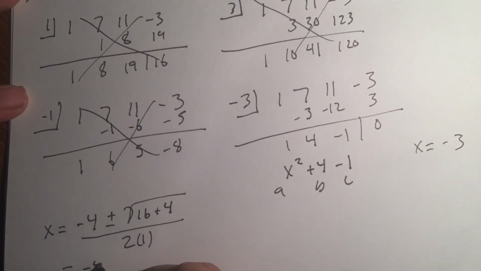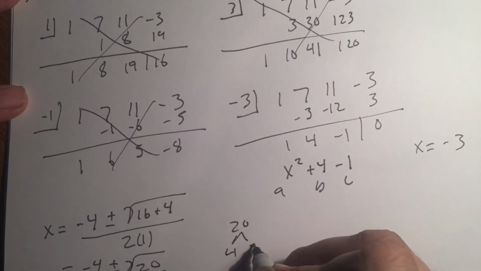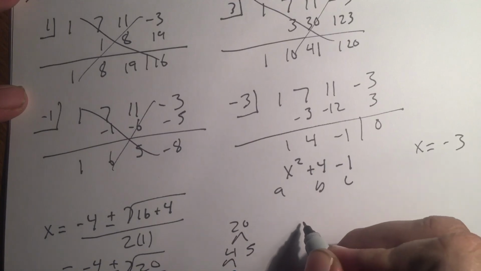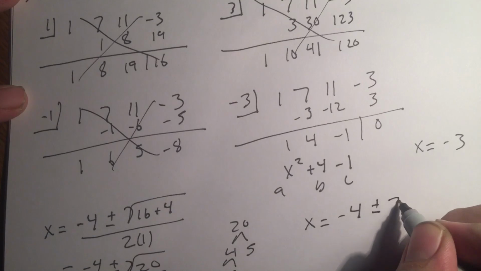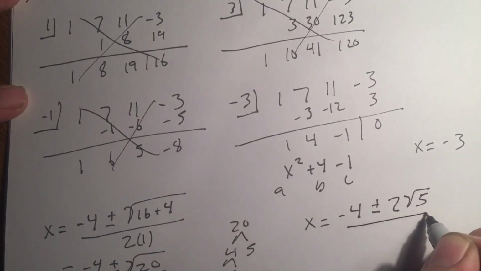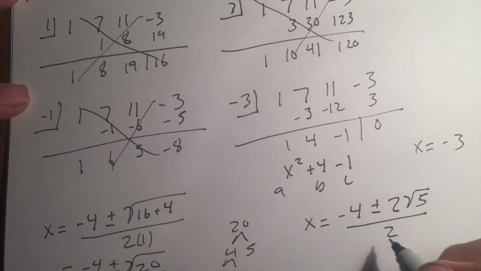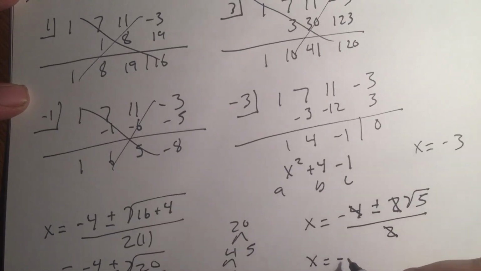So in other words, -4 plus or minus the square root of 20 over 2. 20 I could break down to 4 and 5, which goes to 2 and 2, so I can pull a 2 out. And so x would equal -4 plus or minus 2 square roots of 5 over 2, which would reduce to x equaling -2 plus or minus square root of 5.